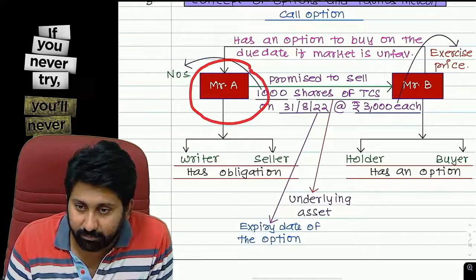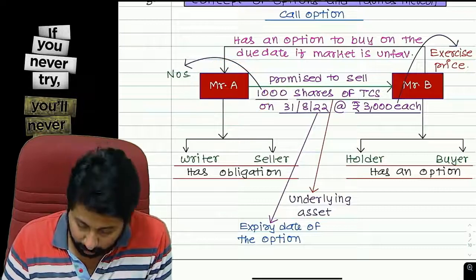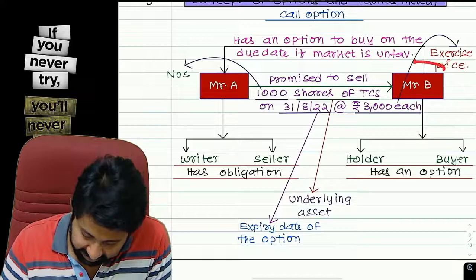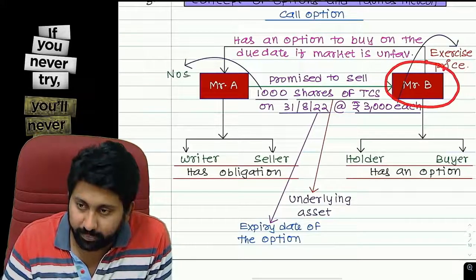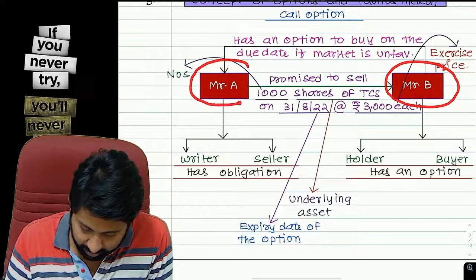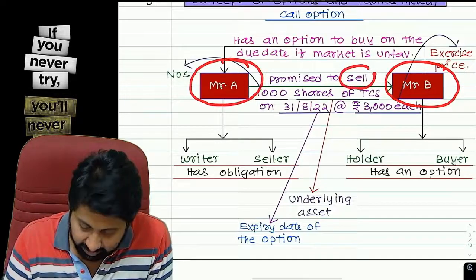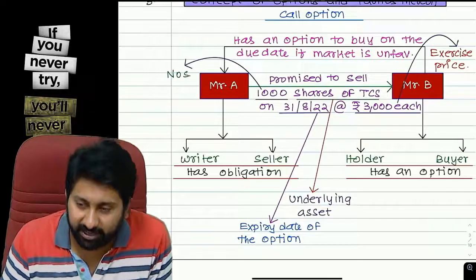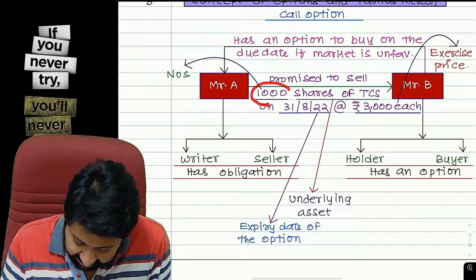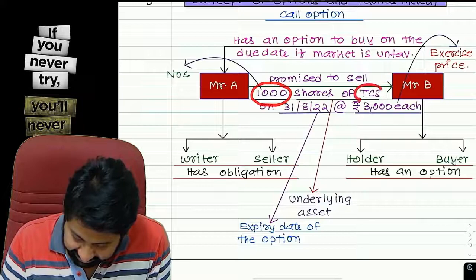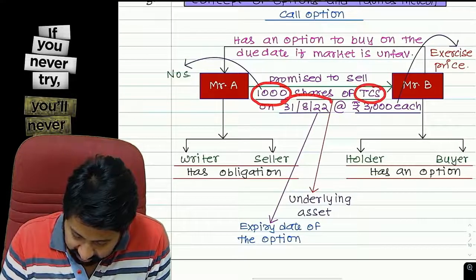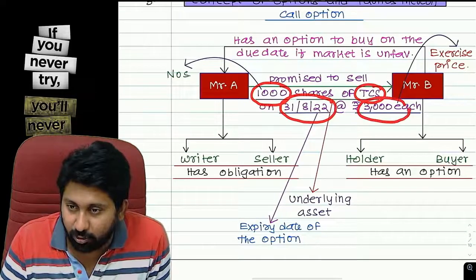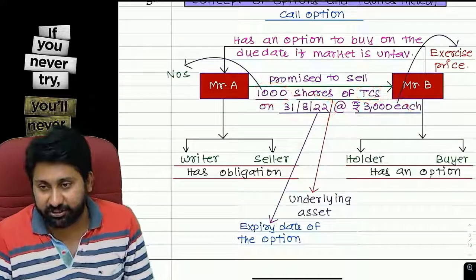Mr. A promised to sell Mr. B. What did he promise to sell? 1,000 shares of TCS on 31/8/2022 at rupees 3,000 each.